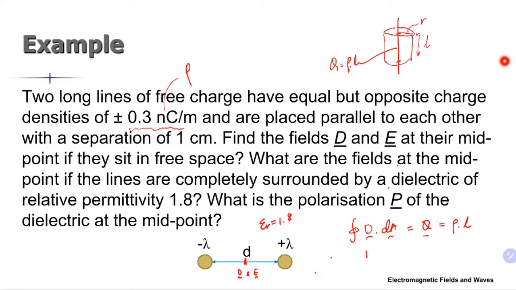And because the electric flux density and the surface vector are parallel, the dot product can be simplified as D times the surface.